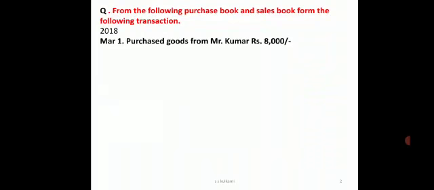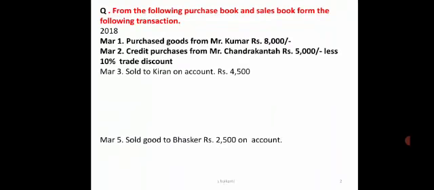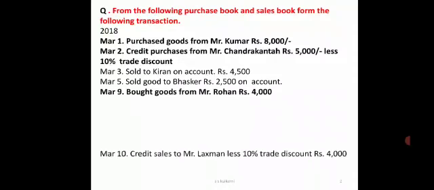So I am having purchase goods from Mr. Kumar 8,000, credit purchases from Mr. Chandrakant 5,000, and trade discount is given. Then we are having sales to Kiran, sold goods to Bhaskar. Then again there is bought goods from Mr. Rohan.